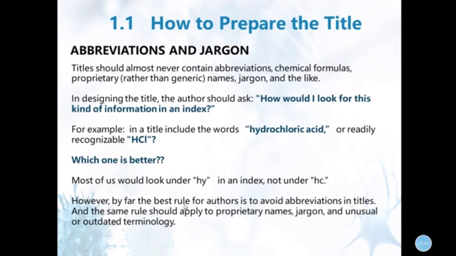However, by far the best rule for authors is to avoid abbreviations in the title. The same rule should apply to abbreviated names, jargon, and unusual or outdated terminology. If it is not easy to search, the word is not suitable to be put in the title.